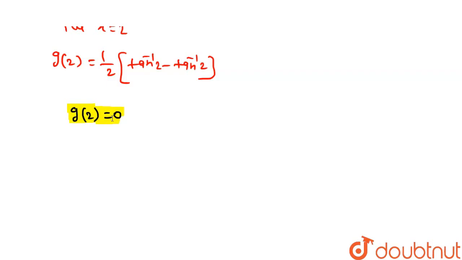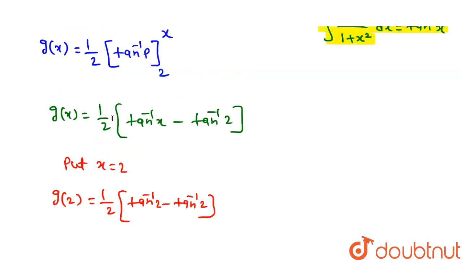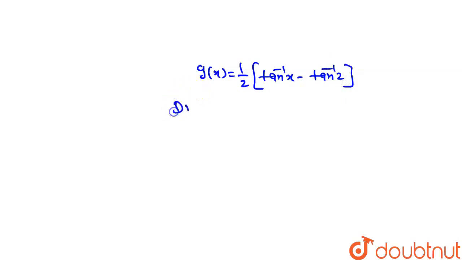This is the value of g2, and now we have to find g dash 2. So first we have to find g dash x, so we differentiate this equation, suppose this is our equation number second: g(x) is equal to half times tan inverse x minus tan inverse 2. Now we differentiate this with respect to x.